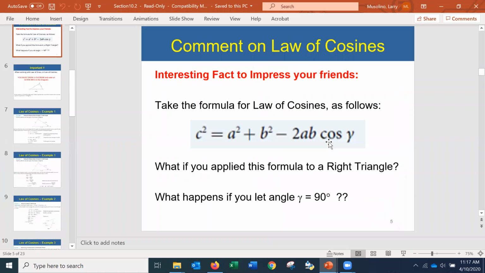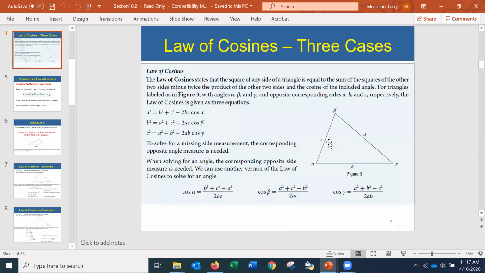Just a quick reminder, here I'm going to slide 4. These were the formulas we were using for law of cosines. So remember, law of cosines is when you cannot apply the formulas for right triangles. In section 10.1 and 10.2, we're working with triangles that are not right triangles.